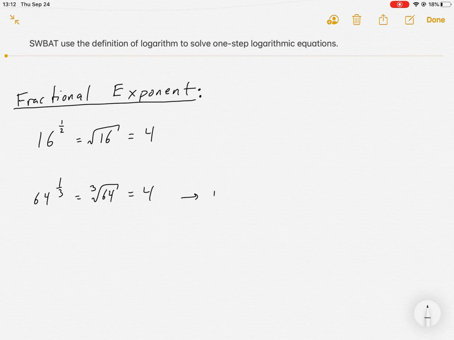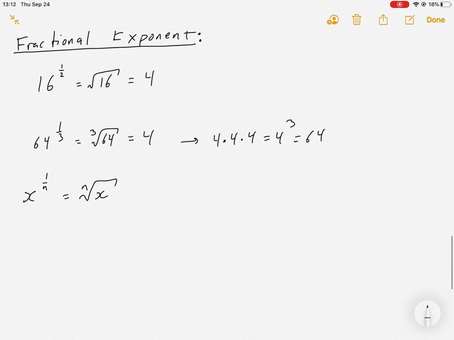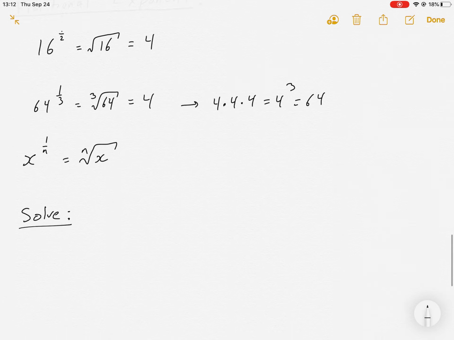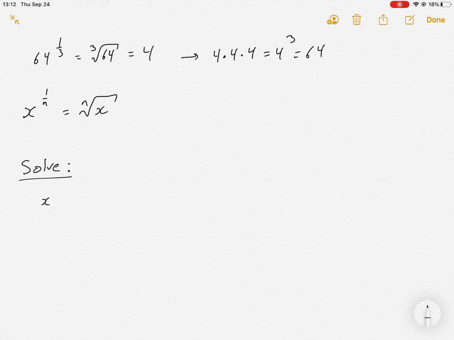And so what this means is that if you do 4 times 4 times 4, or 4 cubed, you should get 64. So really what this is saying is if I have any x to the power of 1 over n, we call that the nth root of x. And the reason we're going to be doing this is if I have to solve equations that look like this, let's say x to the 5th equals 2,133, we'll say.